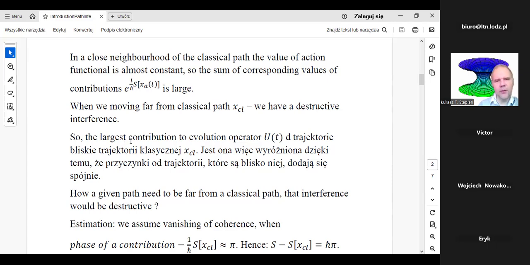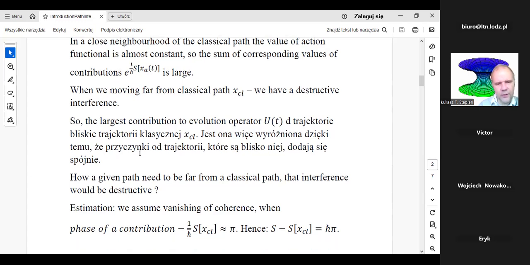Okay, so the largest contribution to the evolution operator is given by the paths which are close to the classical path. The classical path is distinguished thanks to the fact that the contributions from the paths close to the classical path are added coherently.